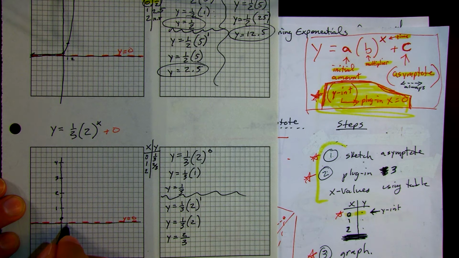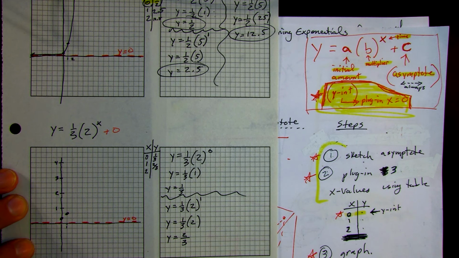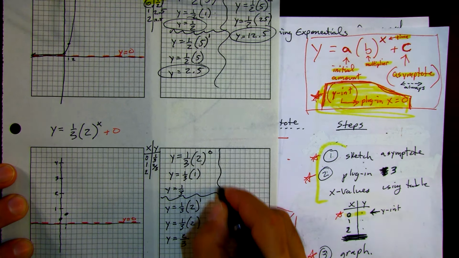Okay, so I look here at 1, and I go up here and I can make it 1/3. This must be 2/3 right here. Okay, and then when I do this here, I need to do one more.